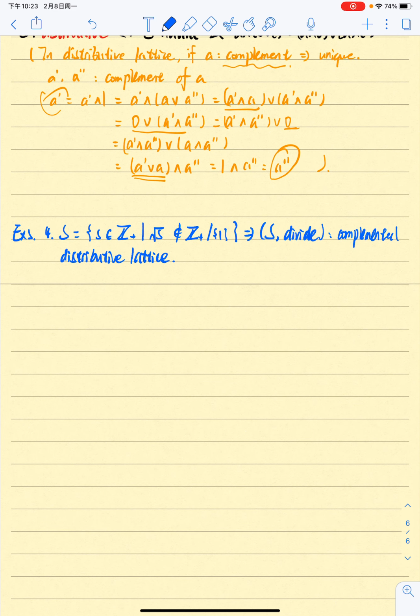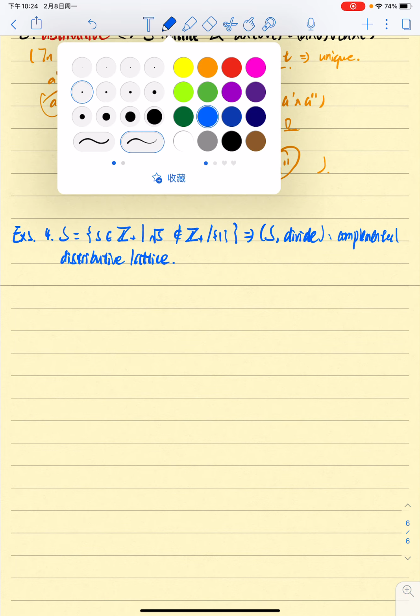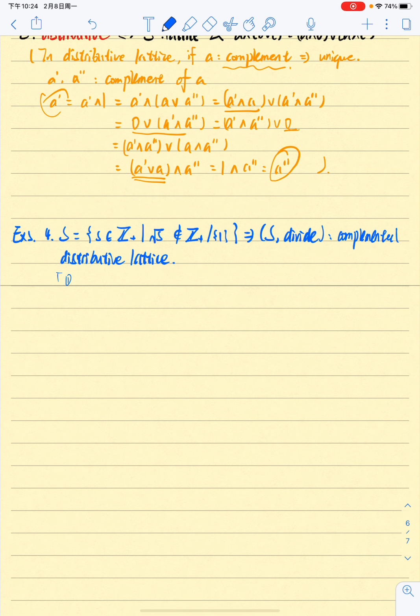Okay, to prove this, we prove 3 parts. For the first, S is a lattice.